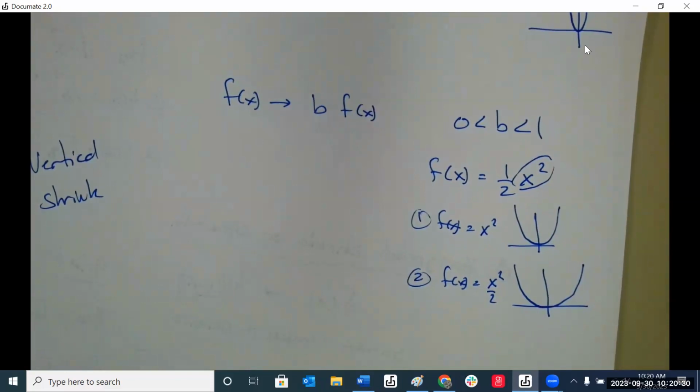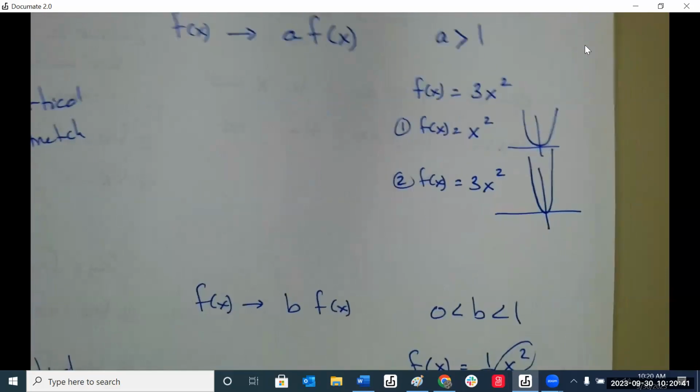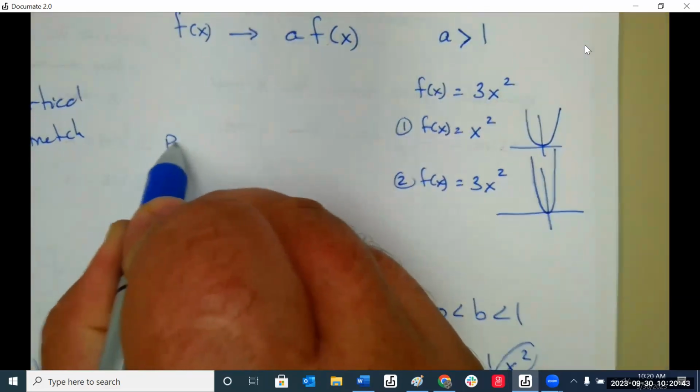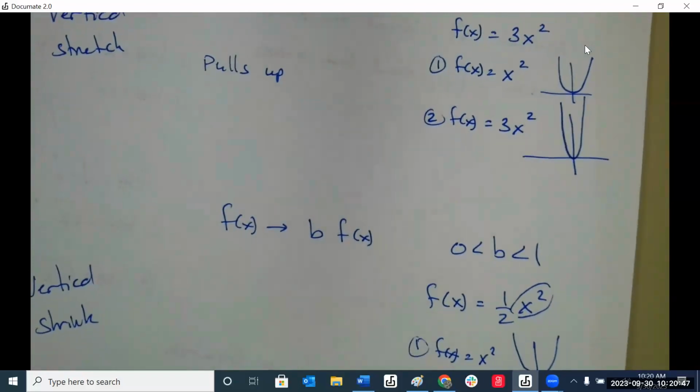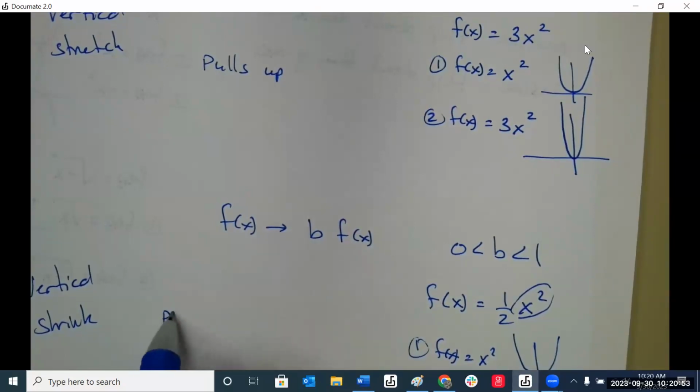It's going to push it down, make it fatter. So the vertical stretch pulls up. And this just pushes down.